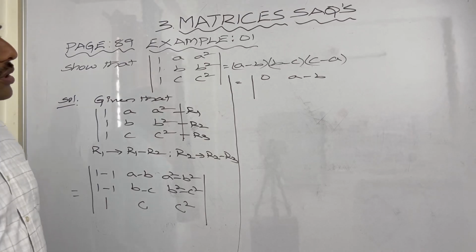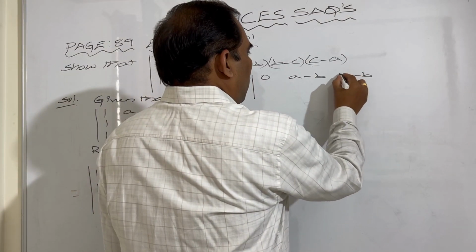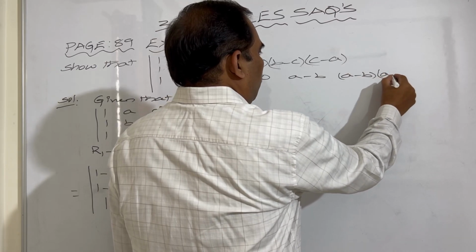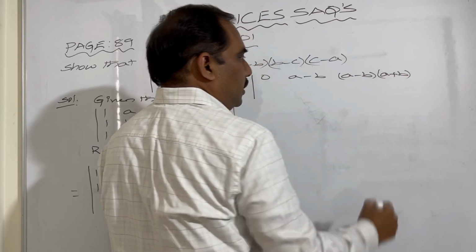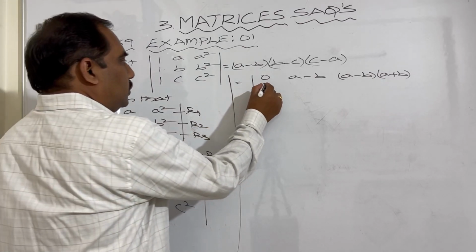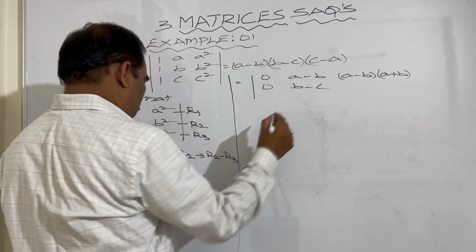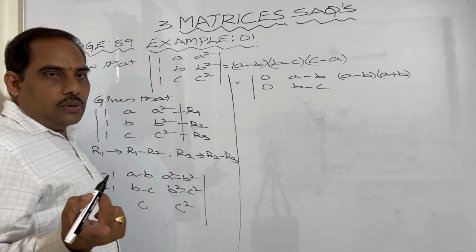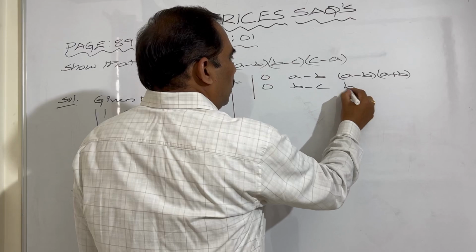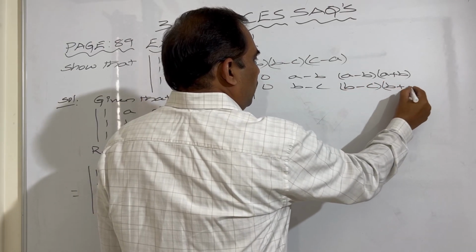We know the formula for a square minus b square is equal to (a minus b) into (a plus b). Similarly, 1 minus 1 is 0 and b minus c here. Now again the formula for b square minus c square is (b minus c) into (b plus c), we can write.